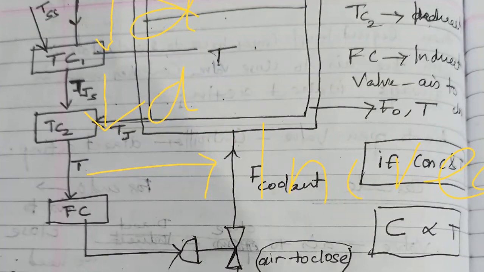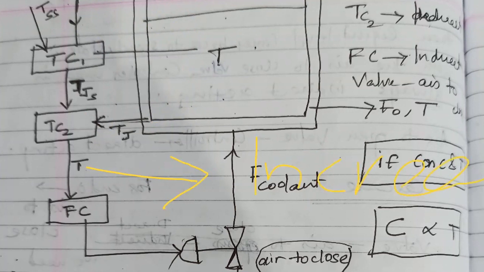If you want to increase the coolant flow rate, what should he do with the air pressure? Once again, you can think. So you can see here, the flow controller, what is the command he's getting? The command he is getting is increase the flow rate.